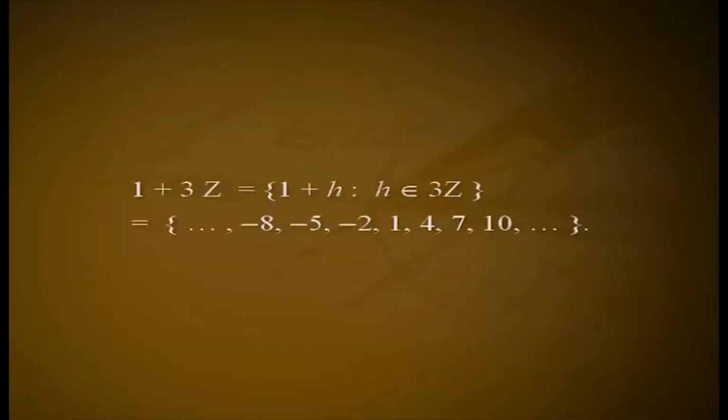To find another left coset, we select an element of Z not in 0 plus 3Z, which is equal to 3Z, say 1, and find the left coset containing it. We have 1 plus 3Z equal to the set of all 1 plus h such that h belongs to 3Z, which is equal to the set consisting of ..., minus 8, minus 5, minus 2, 1, 4, 7, 10, ... These two left cosets, 3Z and 1 plus 3Z, do not yet exhaust Z. For example, 2 is in neither of them.